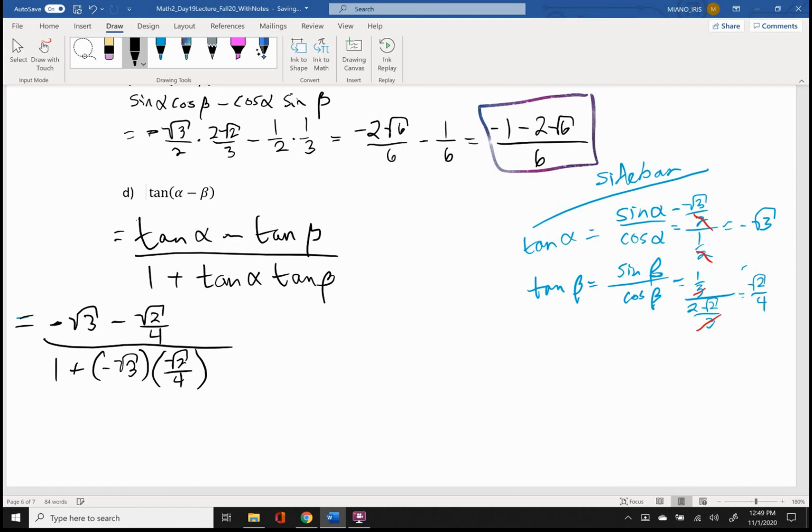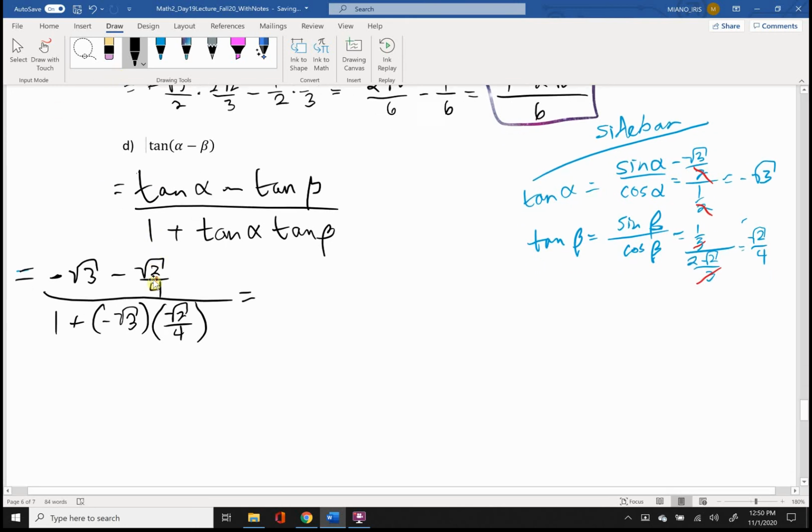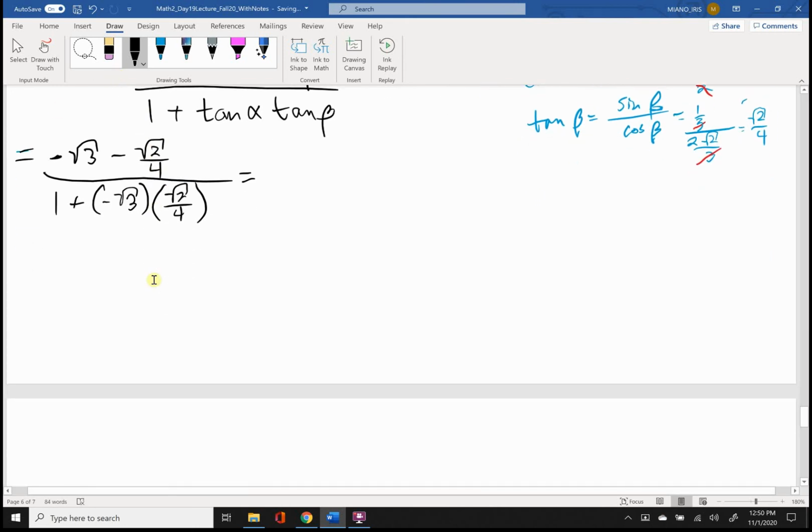Okay, now simplifying this down is kind of an endeavor, so buckle your seatbelts, folks. We're gonna go in this direction first, and then we have a little bit of room down below to continue, so we're going to snake around as far as our steps are concerned. The first thing we want to do is get common denominators in both the numerator and denominator.